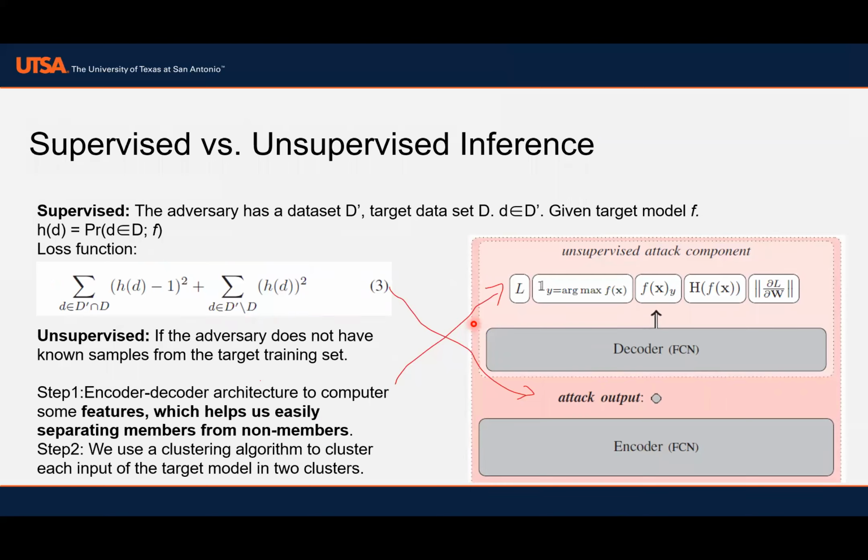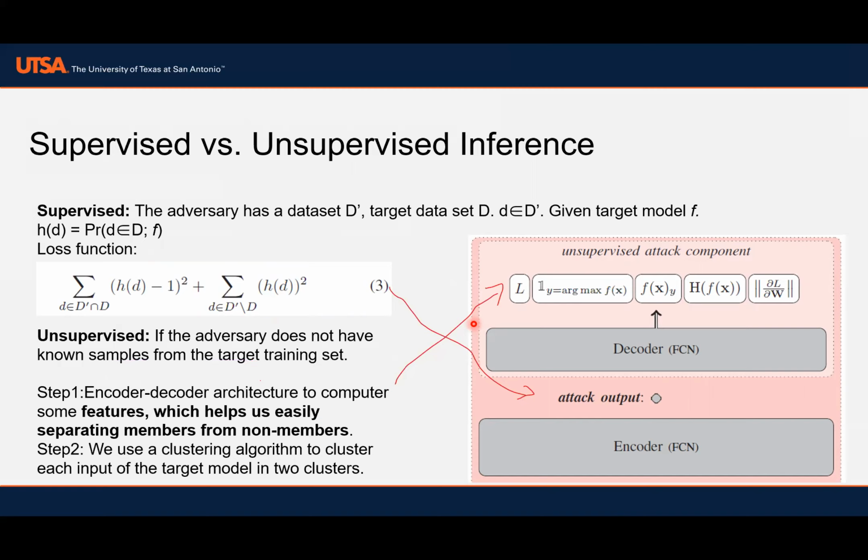Yes, it's supervised. So how about if you have an unsupervised one? How can you train the attack model? Supervised, I kind of understand according to your explanation.